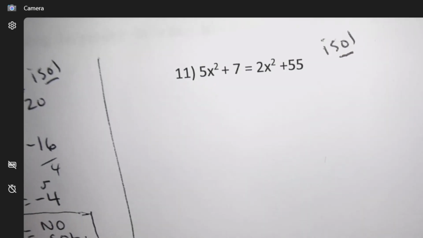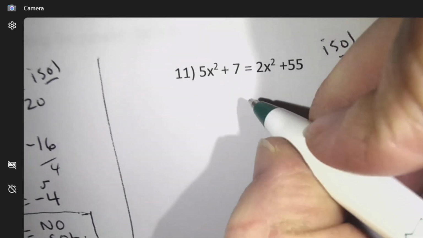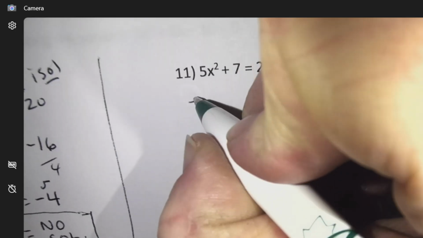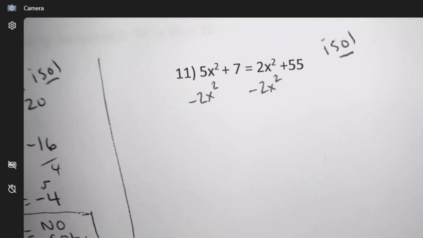Isolation math. Okay, algebra, group stuff together. So my first step is usually going to be grouping the variables together. I like to get rid of the smaller variable. That's my kind of approach to things.